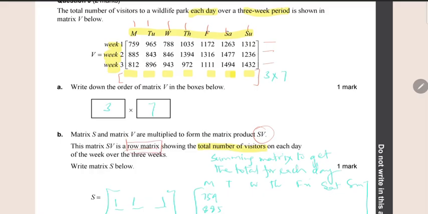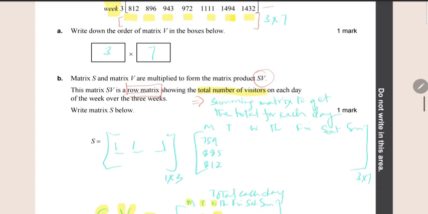Okay, now in order to find the total of either a row or column, we use what we call a summing matrix. Now, a summing matrix is used to get the total for each day. Now, a summing matrix consists of ones, okay? Depending upon how many numbers you're trying to add, you pre-multiply it by that many ones.